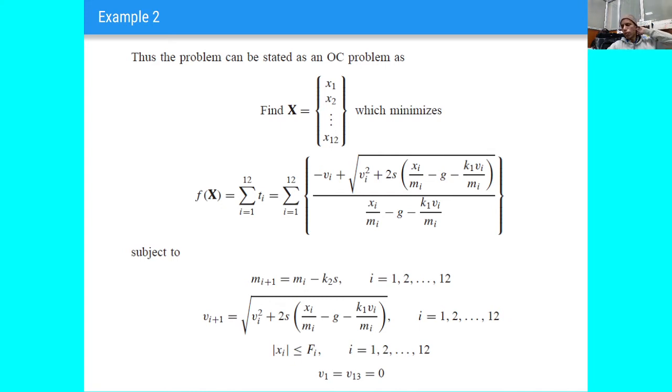From 1 to 2 is t1, from 2 to 3 is t2, and from 3 to 4 is t3. There are 12 segments and there are 12 segments of time travel. In order to get the total time, we have to do the summation of all the times: t1 plus t2 plus t3 up to t12.